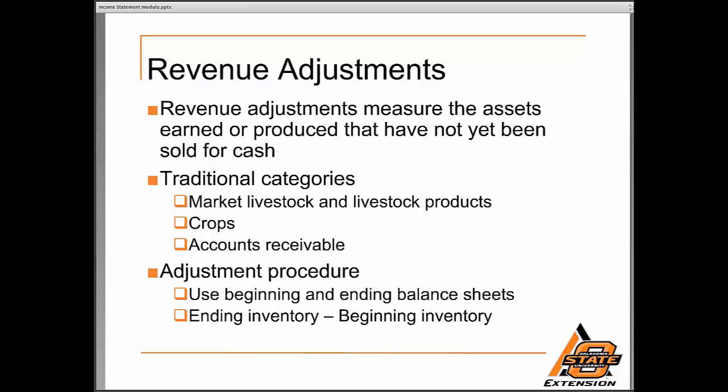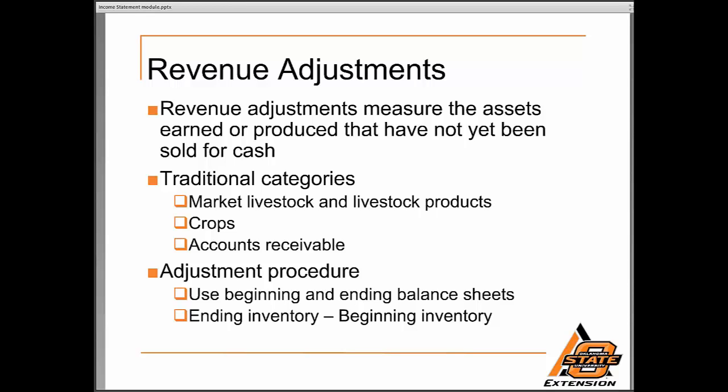Subtracting the beginning inventory value from the ending inventory value will show whether you increased or decreased your inventory of that asset over the year. We will use the example I gave earlier about storing wheat after harvest instead of selling.